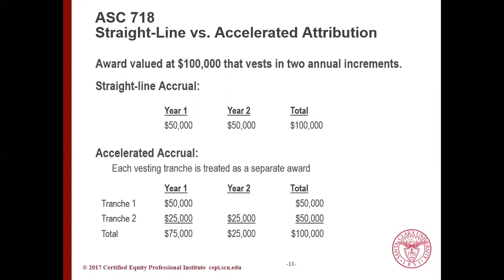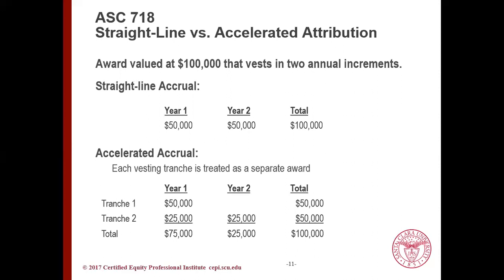With the accelerated approach, we actually treat each vesting increment as a separate award, and we're going to accrue expense for both vesting increments simultaneously. So that's what you see in the bottom half of the slide. We have my award valued at $100,000. It's 2 vesting increments that are worth $50,000 each, and we're going to treat each of those as a separate award.